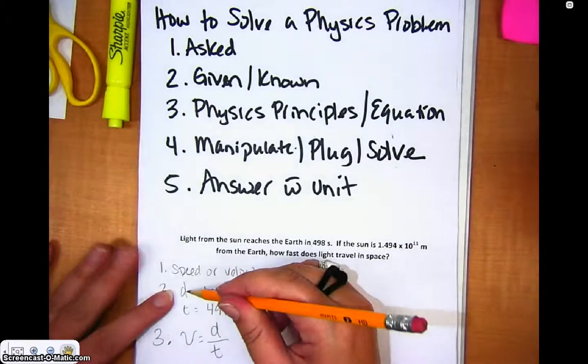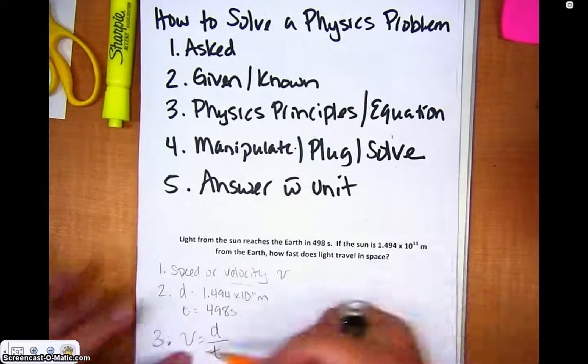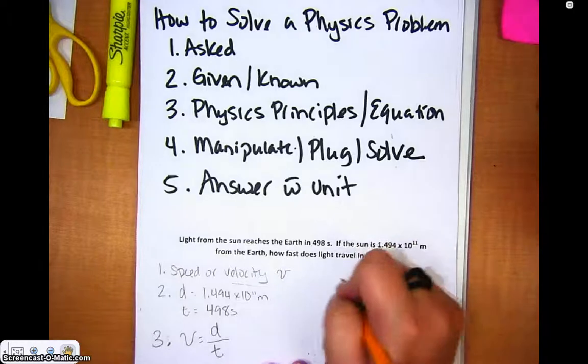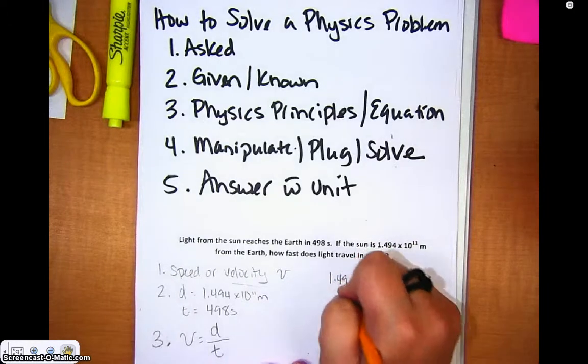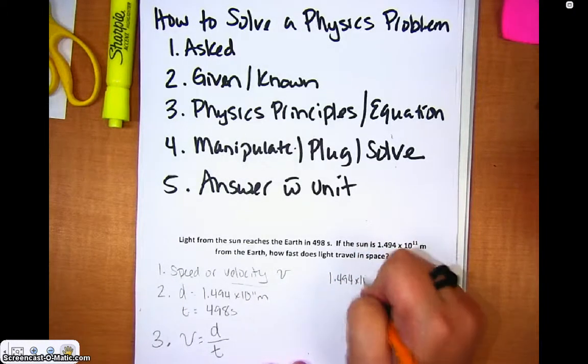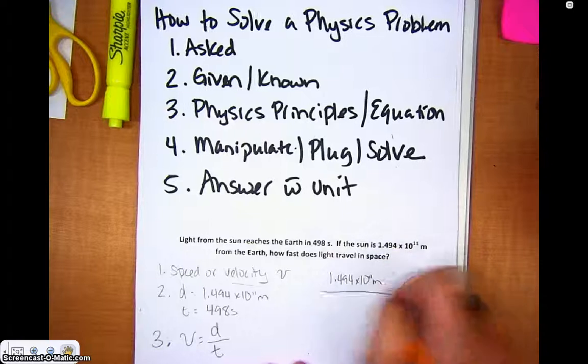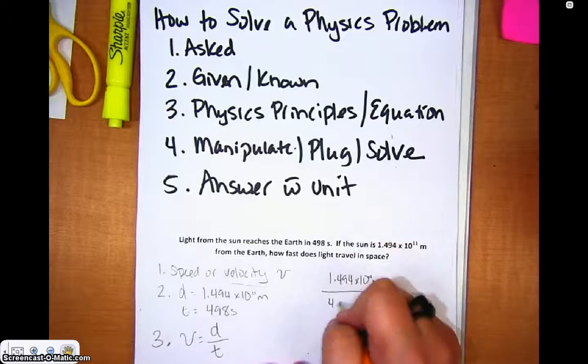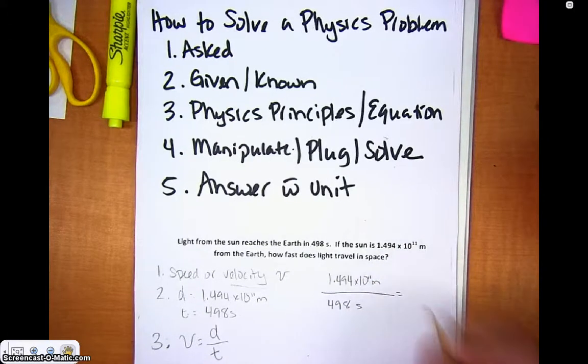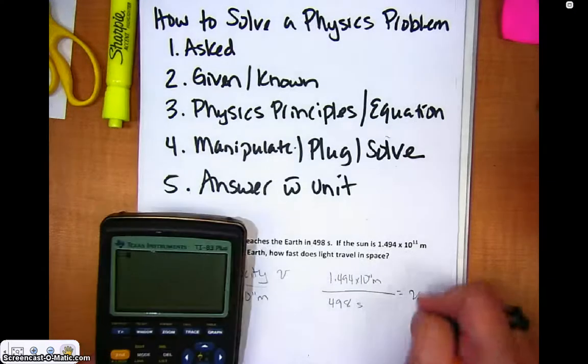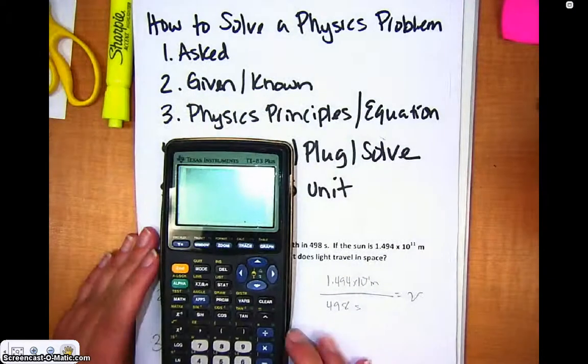I'm going to insert my variables and solve for the unknown. So I'm going to take 1.494 times 10 to the 11th meters divided by 498 seconds, and plug that into my calculator, and that will tell me my velocity.